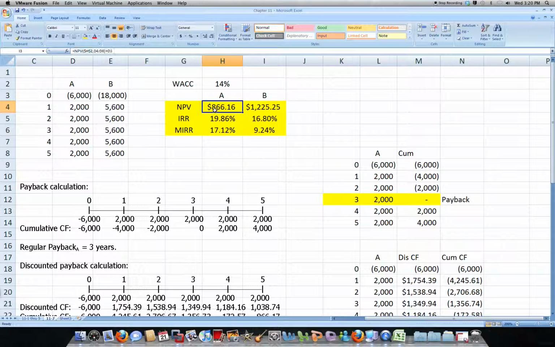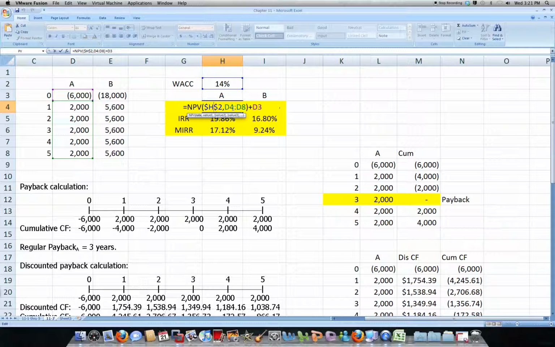So here we have our net present value for project A. Our rate is our weighted average cost of capital, H2, and I locked it. That's what I did there so I could copy it over later.